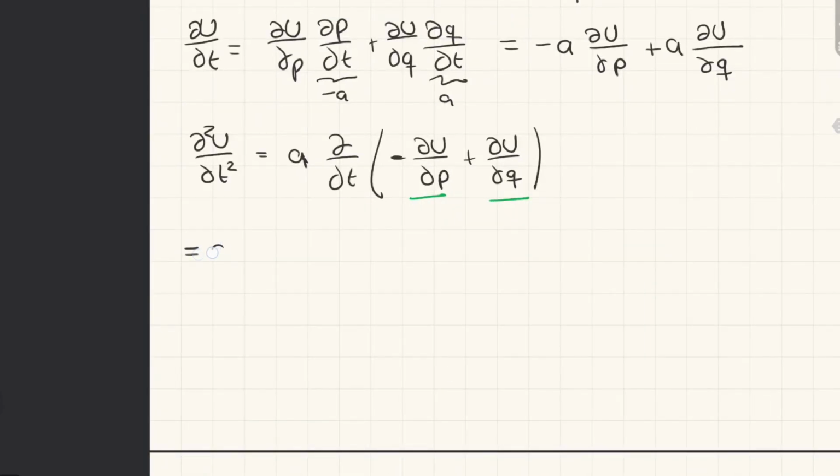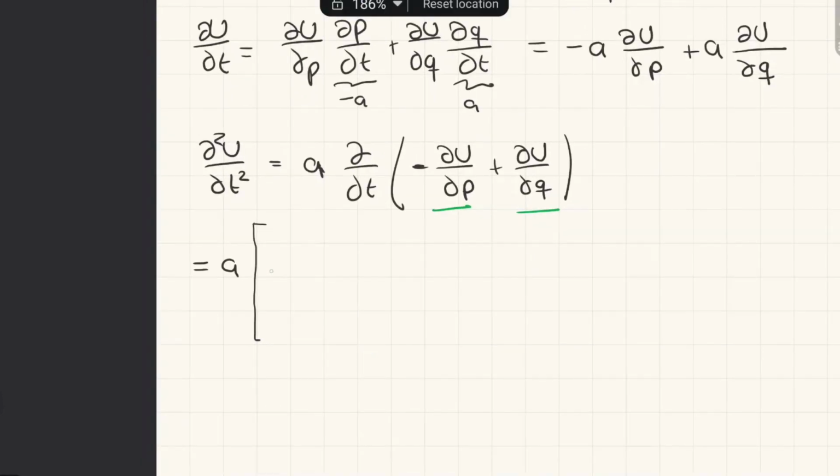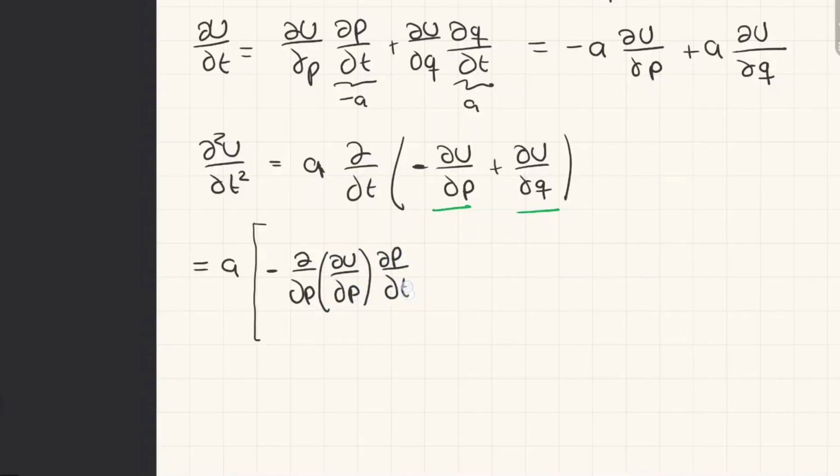So this is going to be a times minus the derivative with respect to p of the derivative of u with respect to p times the derivative of p with respect to time, and then plus the derivative with respect to q of the derivative of u with respect to p times the derivative of q with respect to time.